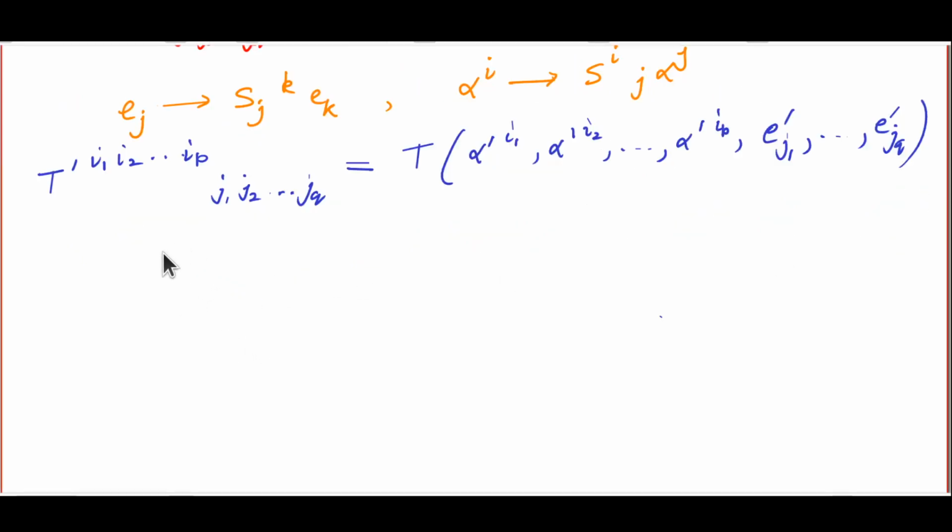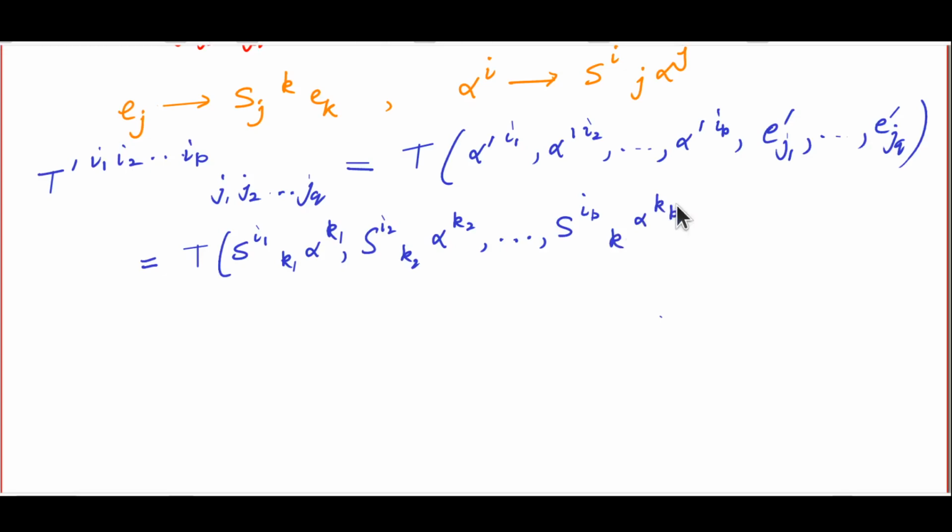But now we know that alpha prime I1 is S I1 K1 alpha K1. Alpha prime I2 is S I2 K2 alpha K2. These are just the new covector basis elements in terms of the old covector basis elements. Finally, you have SIP KP alpha KP.